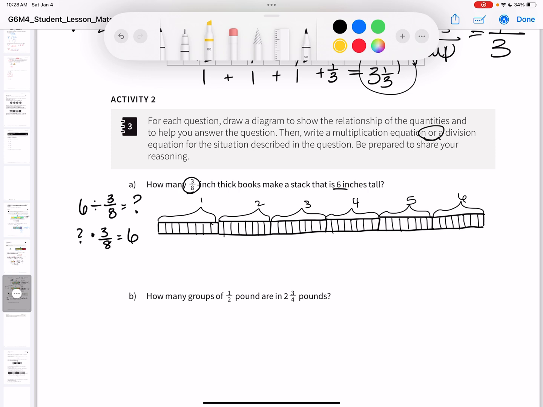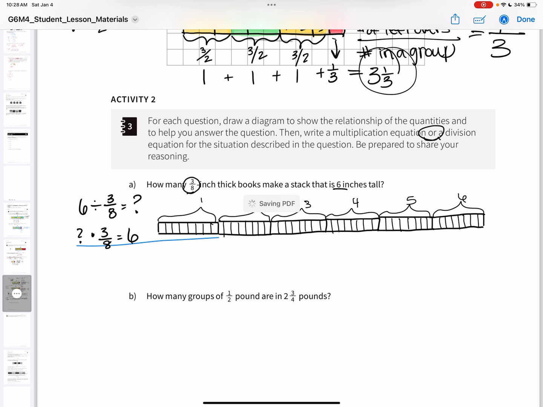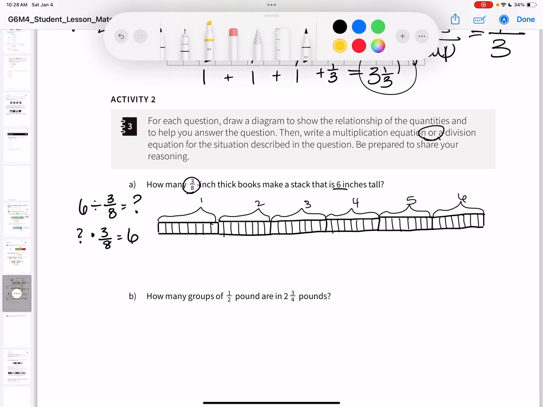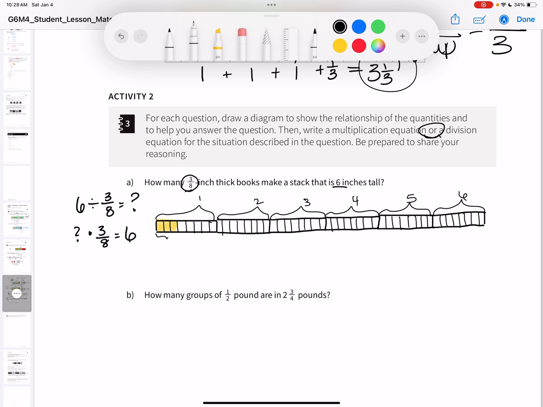Here we go. So we're doing 1, 2, 3. So that's 3/8, which is 1. Then we're doing 1, 2, 3, which is another 3/8.